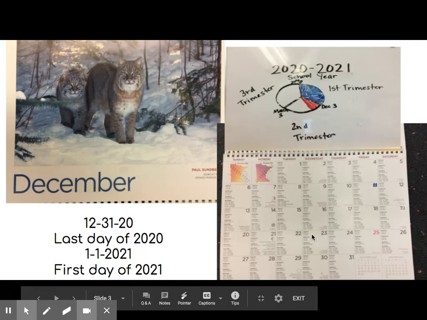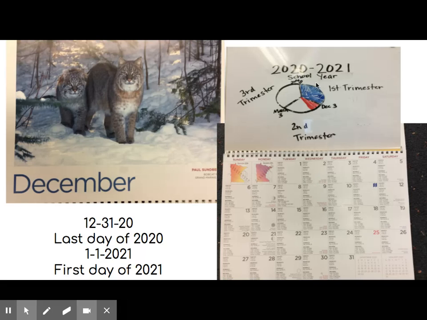Here's the 23rd right here, which is still in the year 2020. This school year that we're in is the 2020-2021 school year. And here we are in our pie chart. We're in the part of our second trimester or third of our year.